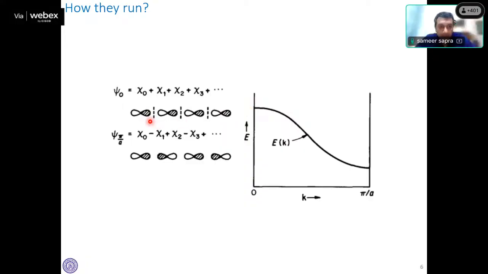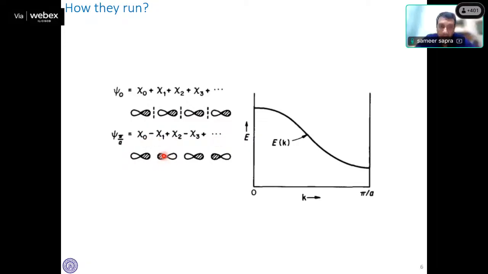Now, if I just use the linear combination with the positive sign, that is k equal to 0, then all of these are anti-bonding combinations, which means this is the highest energy molecular orbital or band. This is the lowest energy when I have a plus-minus combination.